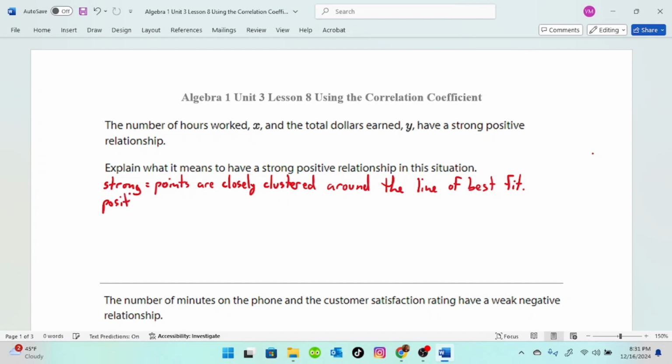Positive means that as X increases, then Y also increases.